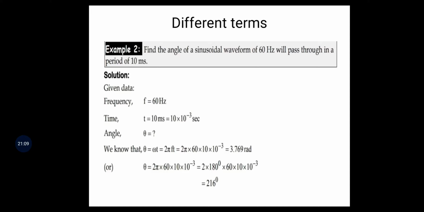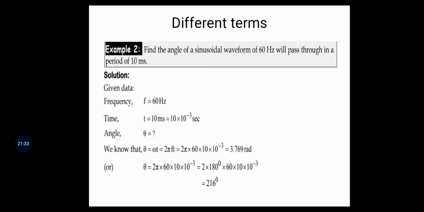They give the frequency f equal to 60 Hz and time t equal to 10 milliseconds. Here milli means 10 power minus 3, so t equal to 10 into 10 power minus 3 seconds.